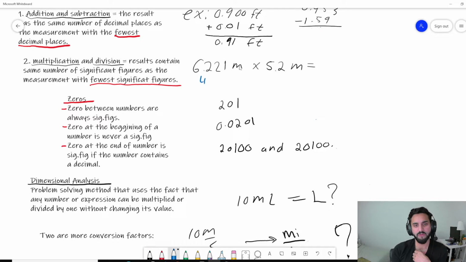I'm going to abbreviate like this, sig figs. Here we have two sig figs, so our answer will have two sig figs.